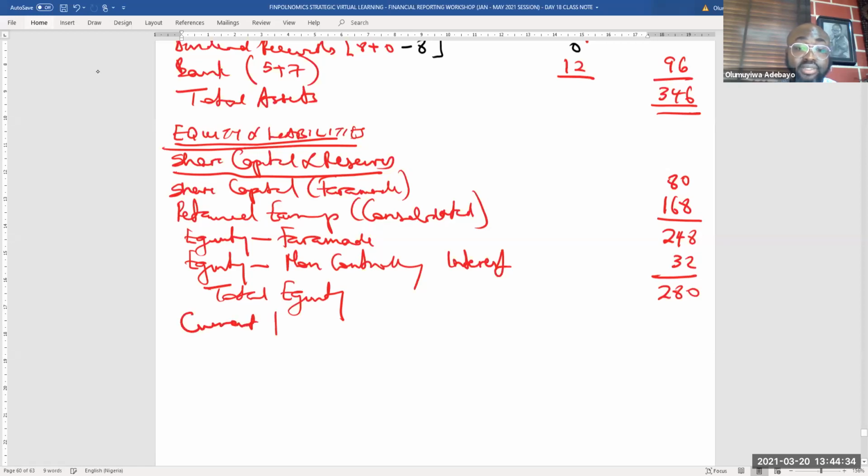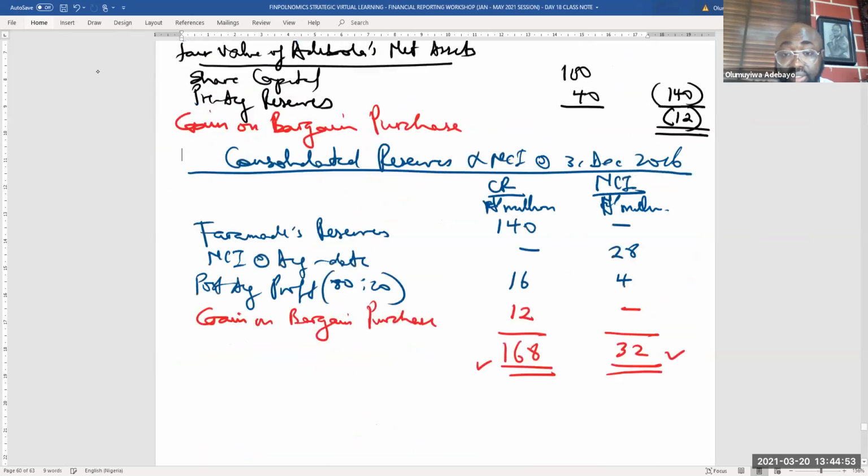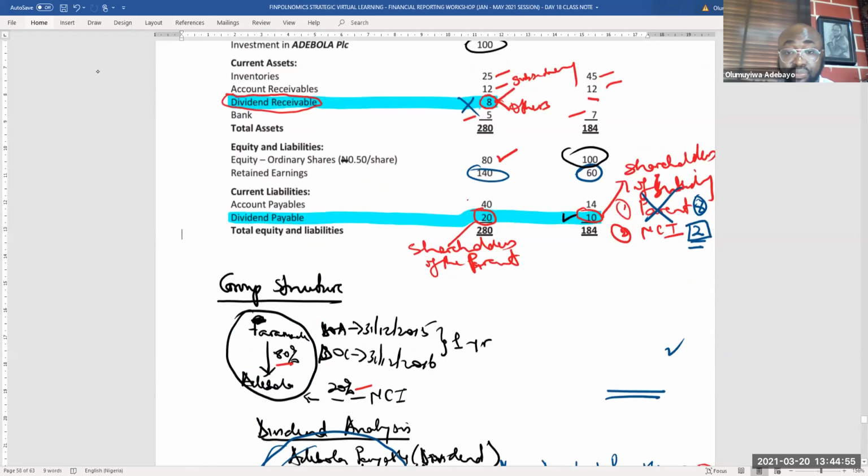Current liabilities. We have account payable, 40 and 14, which is 54. Again, you can check it here, 40 and 14.